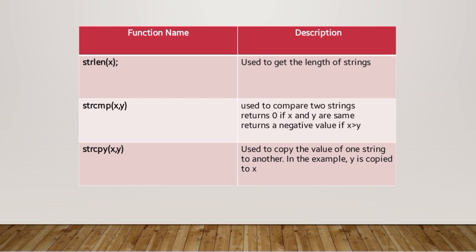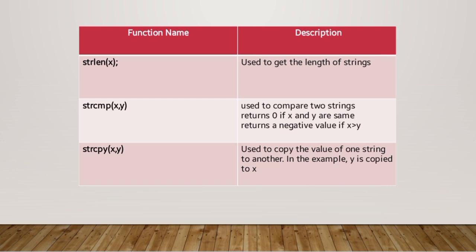Then the second one is the string compare, denoted as strcmp. This string compare takes in two arguments, two parameters, which I denoted here as x and y. What it does is compare the two strings and see if they are actually the same or not. Let's look at an example.